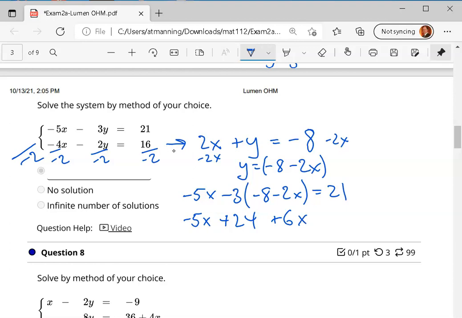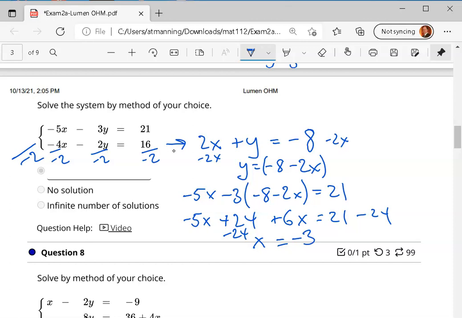I'm not multiplying everything on this side by that. I'm just multiplying this part out. Well, so 21 is still over here. Negative 5x plus 6x gives me an x on this side, plus 24. Well, let's subtract the 24 from both sides. Negative 5x plus 6x gives me an x. Get rid of the 24 over here. I get x equals minus 3.